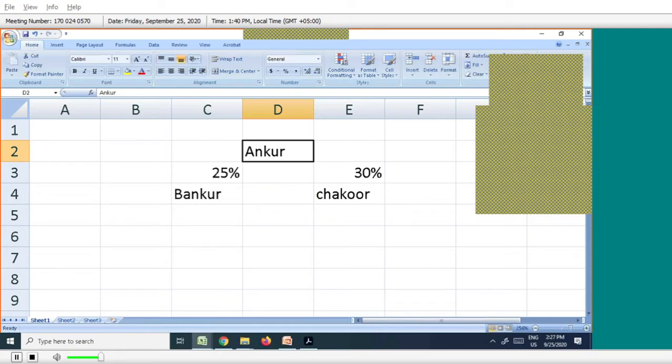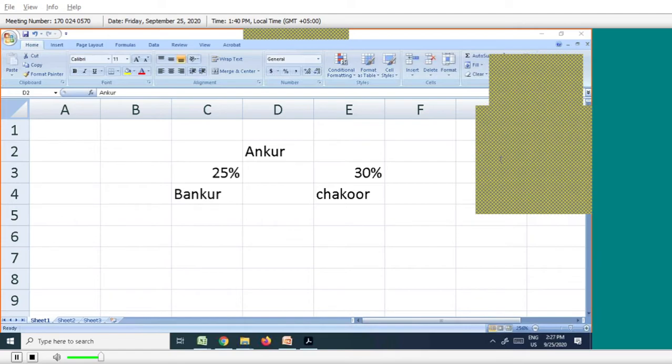What about others? Influence. Of course, Ankur is influencing the Bankur, not controlling the Bankur.